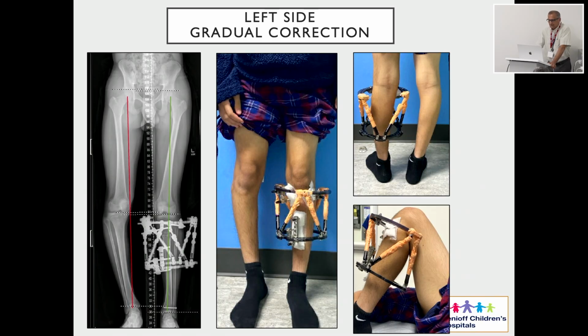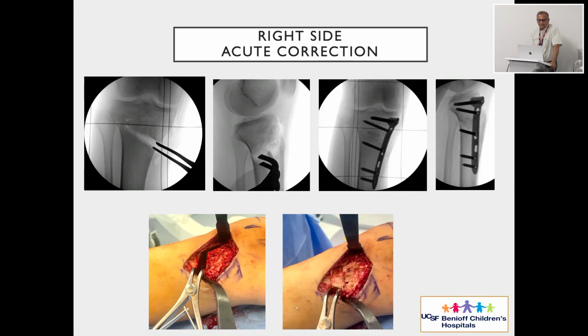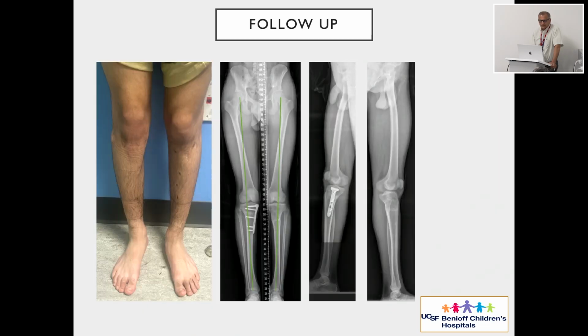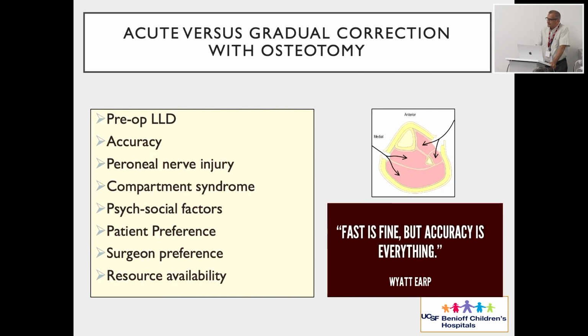He was happy, but he's like, I don't like the fixator. So other side, we did an acute correction with a plate and a bone graft. And actually, he was happier in the end on the X-ray side for some reason, but he didn't like the journey when you were going through that. So I think it's one of those where there is no one good answer. There's more than one way to do it. And it depends, again, on all those factors.